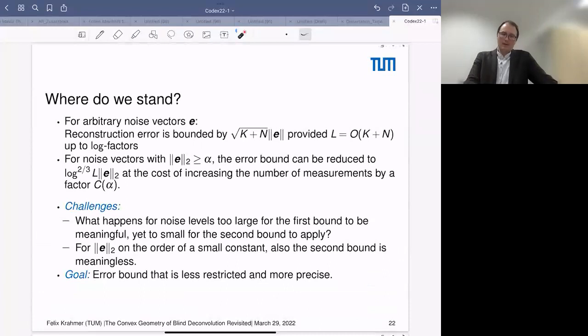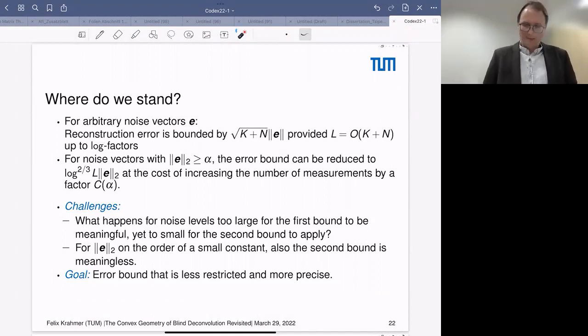Now, of course, this is a good step because it shows us that there's hope, but it may not be satisfactory because there's an intermediate range. It could be that the noise level is too large for the first bound to be meaningful.